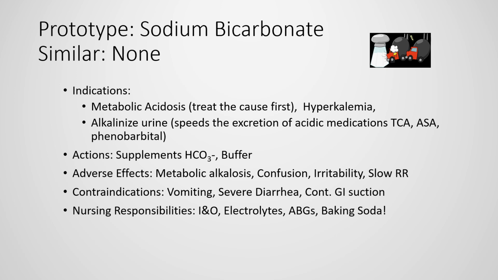So the cells are starving because they can't get the glucose in due to lack of insulin, but the bloodstream is full of sugar, of glucose. So what happens when you have absence of insulin?